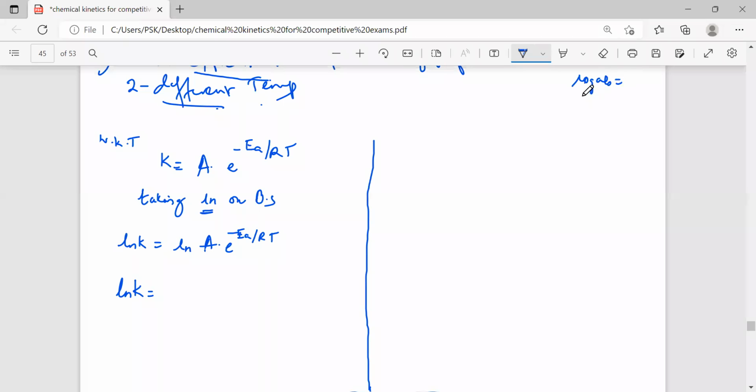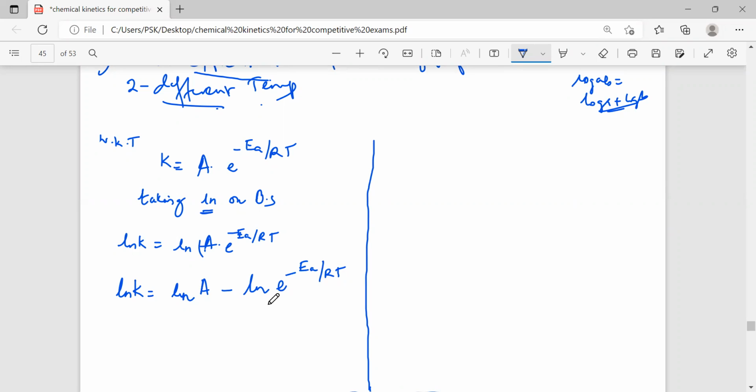Log AB can be written as log A plus log B. Likewise, you can see this A is one factor and e to the power minus EA by RT is another factor. So therefore, we can write this as natural log of A minus natural log of e to the power minus EA by RT.